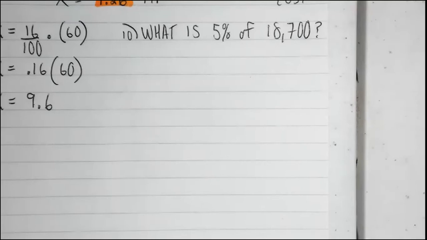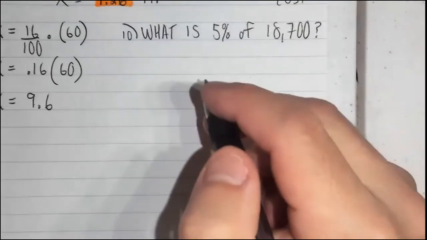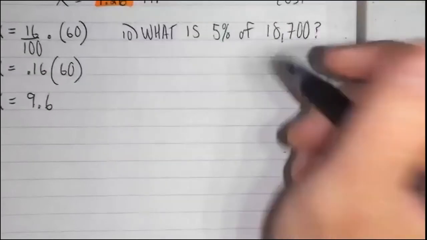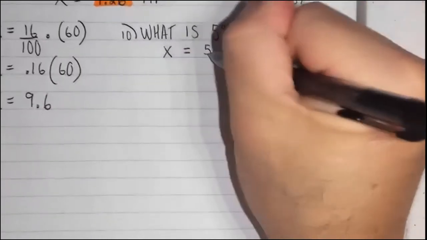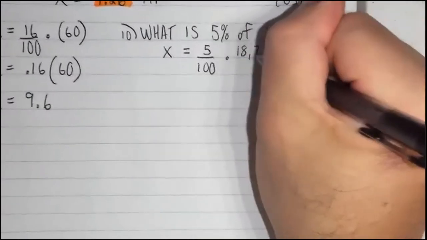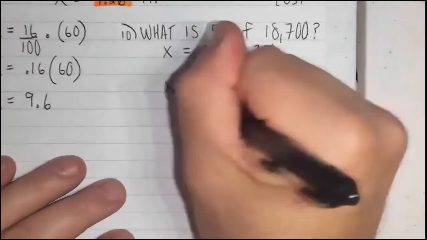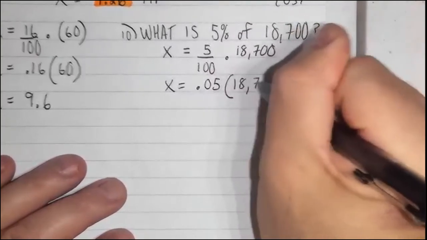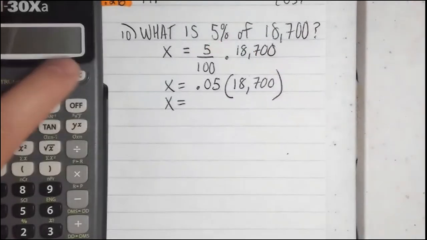So you have your word problem: what is 5%? And then you just convert these things into an algebra equation. What, technically you could put what number, same thing. What, equal sign, 5%, which is 5 over 100, of is our multiplication sign, 18,700. Convert my 5 over 100 to a decimal, you get 0.05, and then you're timesing that by 18,700.